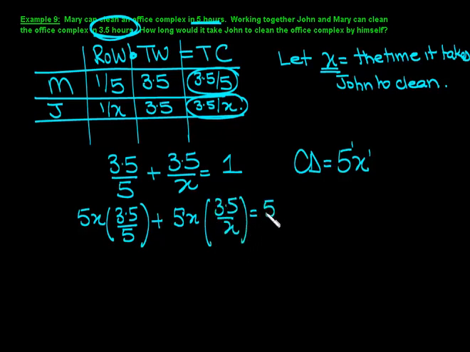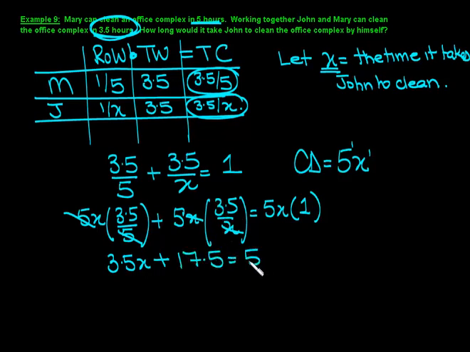Out here the 5's cancel, so we get 3.5x plus the x's cancel here, and then we'll have to multiply that out. Okay, so we'll end up with 17.5 is equal to 5x. Okay, and then it's just a matter of solving for x.